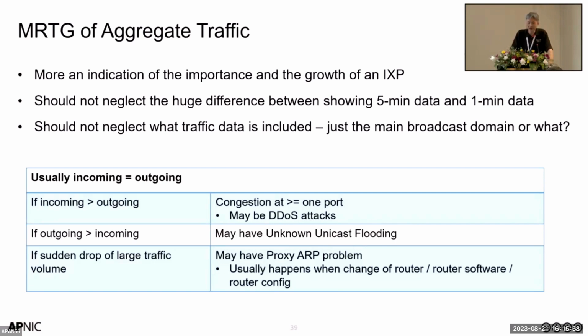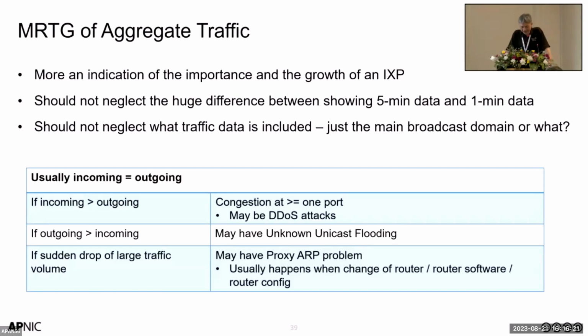Another observation that I had before, and that's kind of proven already, is if you have total outgoing traffic larger than total incoming traffic, then you have unknown unicast flooding. Then you need to do something about it.